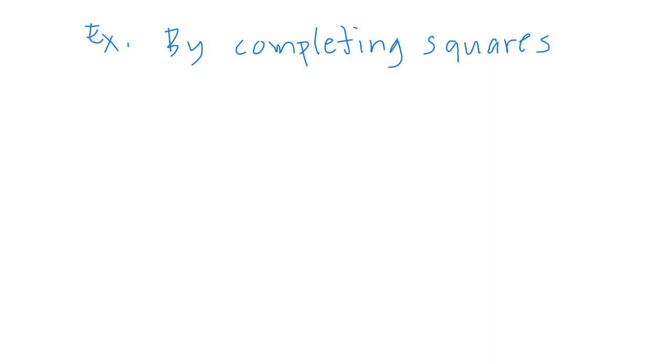So we'll be using the same example, x squared minus 6x plus 8 is equal to 0. Now the first step here is to move the constant term. The constant term is 8. Move this going to the right.